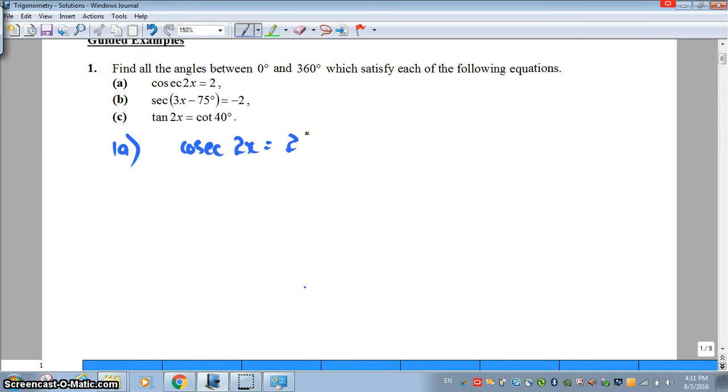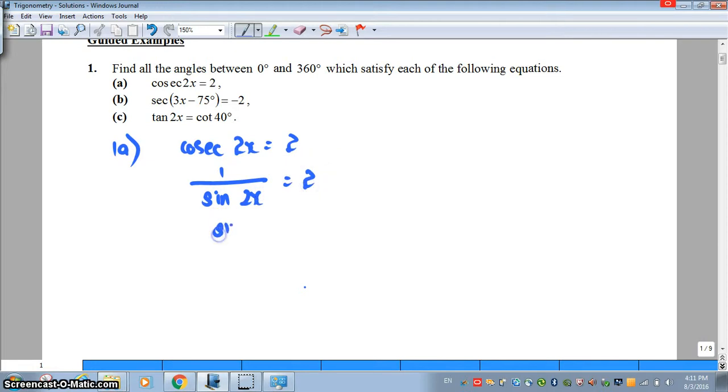You have learned previously, if we need to solve for trigo ratio, we must express in terms of sine, cosine, or tangent, because we only have all these functions in the calculator. And we have learned just now that cosecant can also be written as 1 over sine of 2x, which is equal to 2.